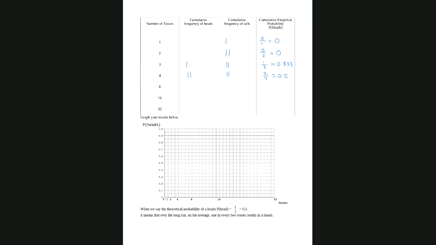Now I didn't want to make a row for every flip. So my next is going to be 8. What I'm going to do is bring down the results of the past, but I need 8 total flips. So I've got to flip the thing 4 more times.